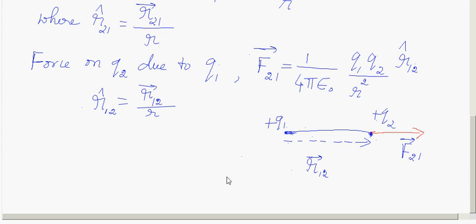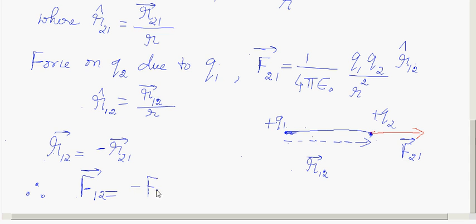So we know vector R12 is equal to minus R21. Therefore, the force F12 will be always equal to minus F21.